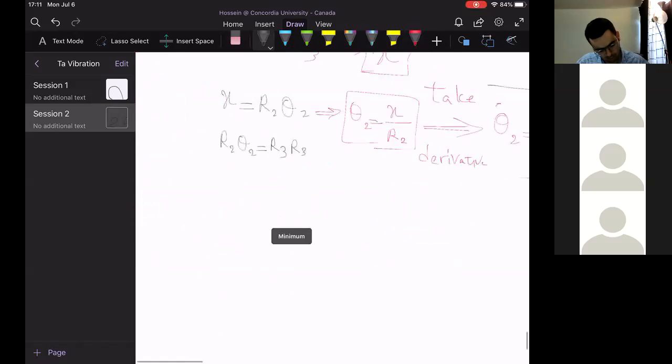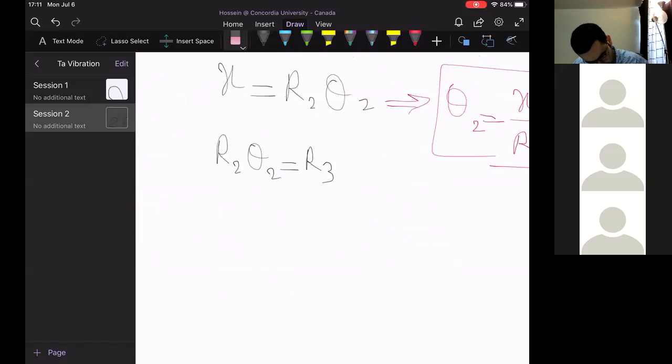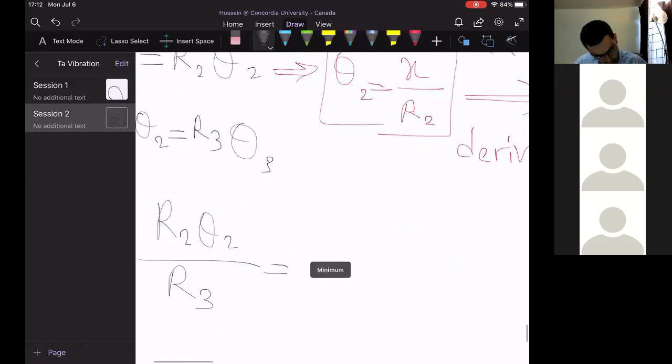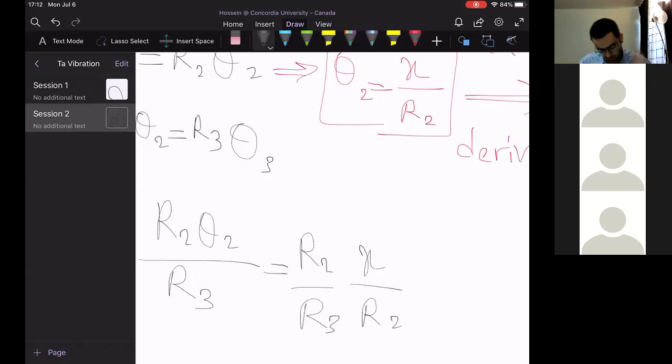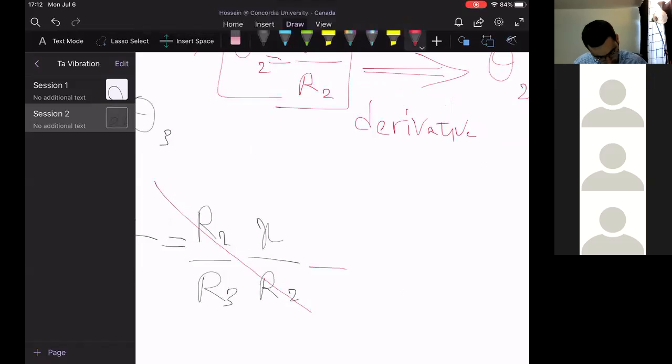You could easily plug it into the equation. From this relation, theta 3 is nothing but r2 theta 2 over r3, and r2 theta 2 is already obtained as x, so there is r2 in the numerator and denominator, and we could cancel it out from both sides.